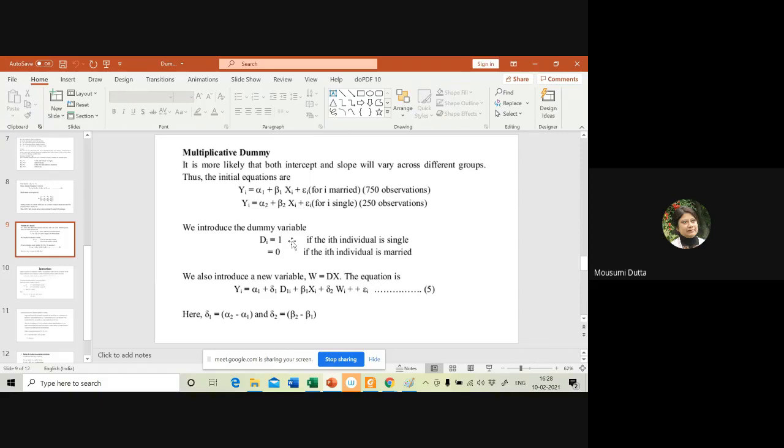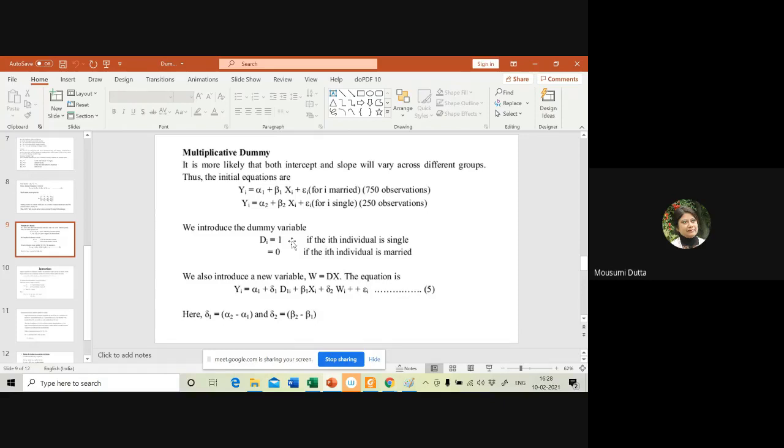The equation is becoming yi is equal to alpha 1 plus delta 1 plus beta 1 xi. Intercept is alpha 1 plus delta 1. Then beta 1 xi. Now what will be the value of w in this case? xi.